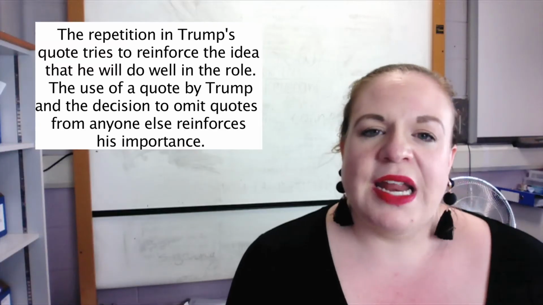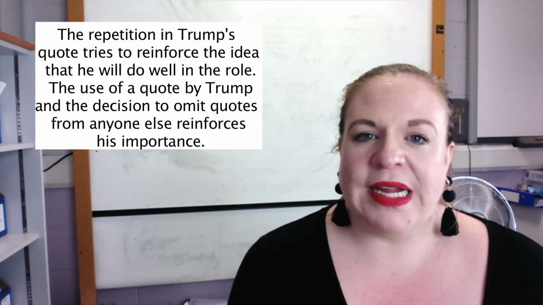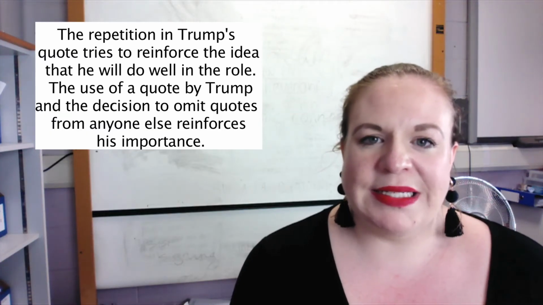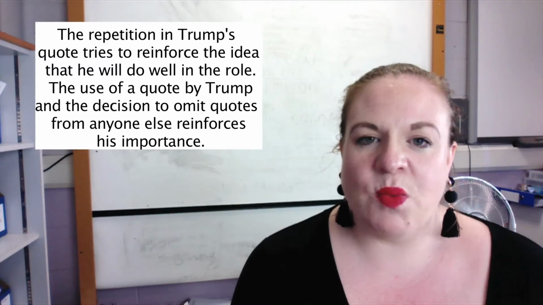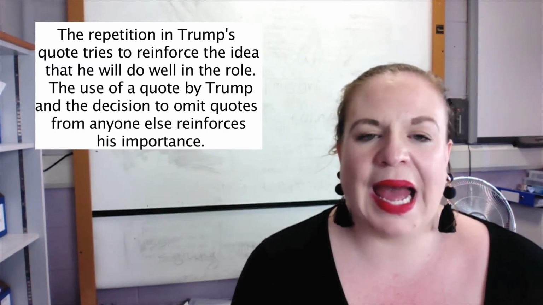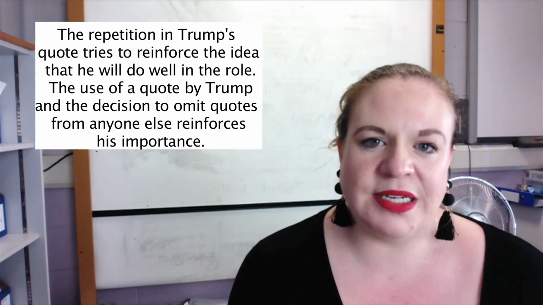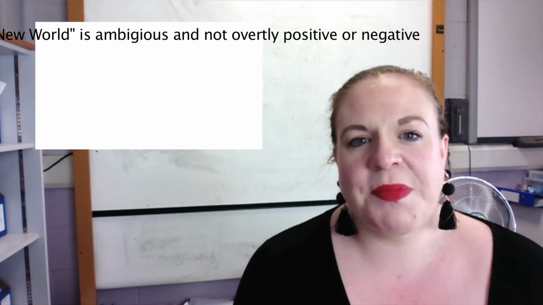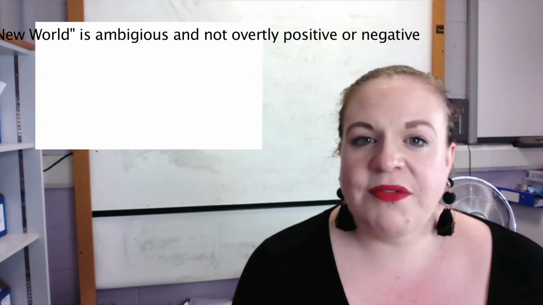The repetition enforces that message of pride in him and his job, and it's almost as though he's trying to convince the audience that they will be proud of him and that they will be happy with the way he performs as president. The headline on the front says "The New World." Now, those words could be seen as positive, but they could also be seen as negative or neutral.